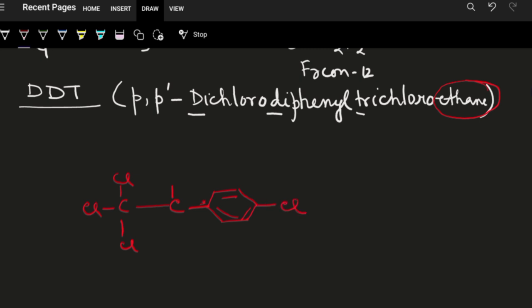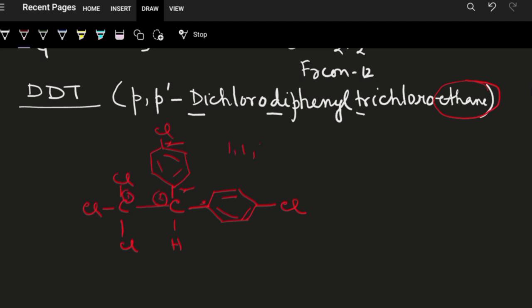So p,p', that is the reason. Chloro. Here again an aromatic ring, para position, and then here there is Cl. So it is p,p', and the other one is H. Okay, so if I number it, how will it go? Numbering starts from here, goes to here.